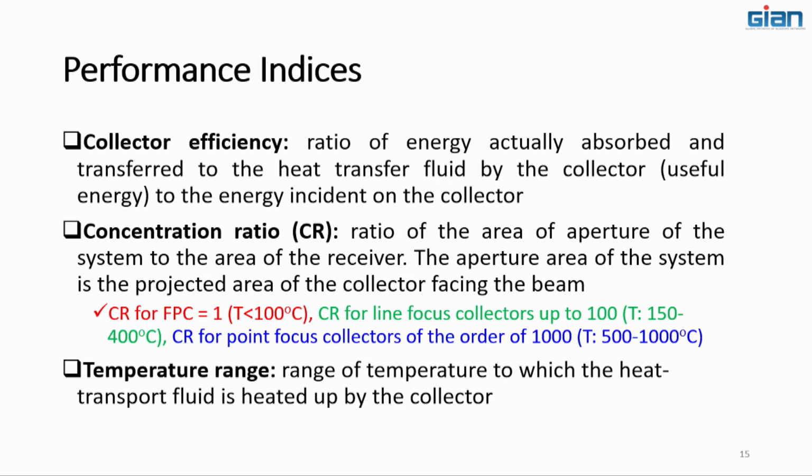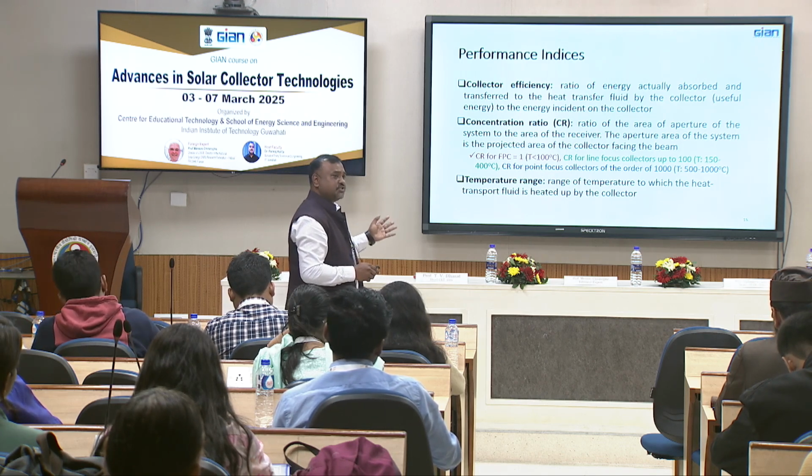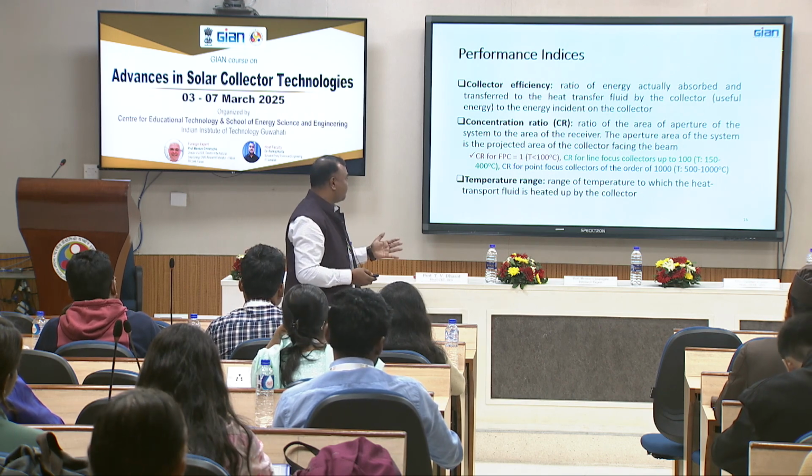And concentration ratio, as I said before, is the ratio of the area of the aperture of the system to the area of the receiver. The aperture area is the projected area of the collector facing the beam. For a flat plate collector, the concentration ratio is 1 because the area of the concentrator and absorber is the same.